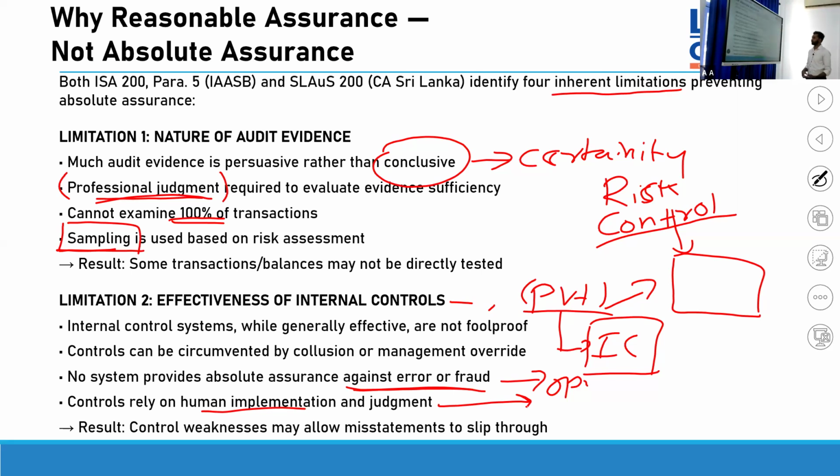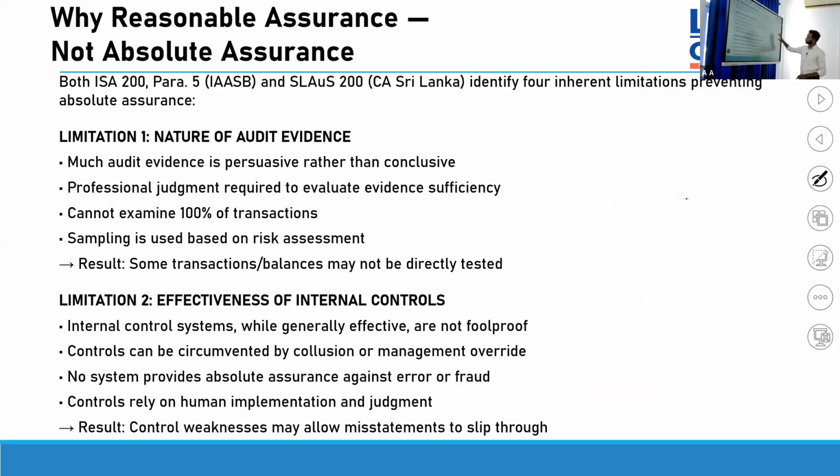Also, even some companies may have effective internal controls, but if employees colluded, then they can easily commit a fraud. Let's assume there is a company that has segregated duties among the employees.